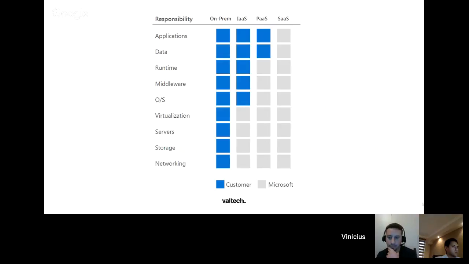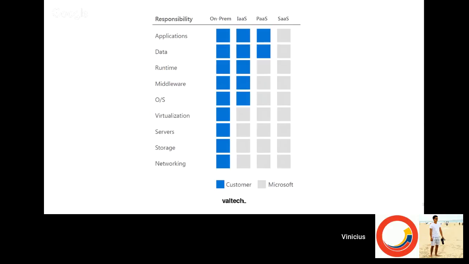And just to give further information, here is how your responsibility changes by the choice you make, going on-prem or choosing infrastructure as a service, platform as a service, or software as a service. The blue squares are the customer, which means you or your company, and the gray ones are Microsoft, in this case, Azure. When you go on-prem, everything is on you.